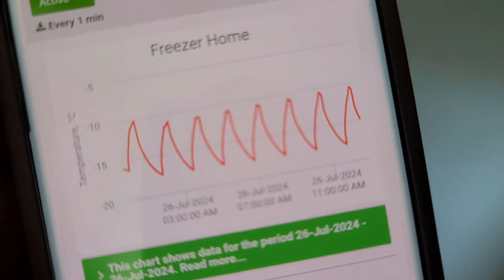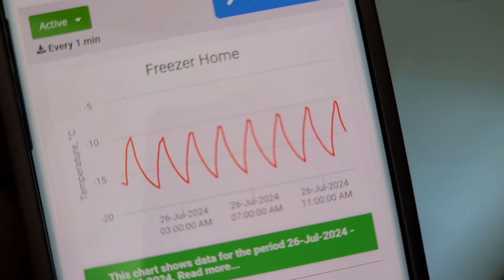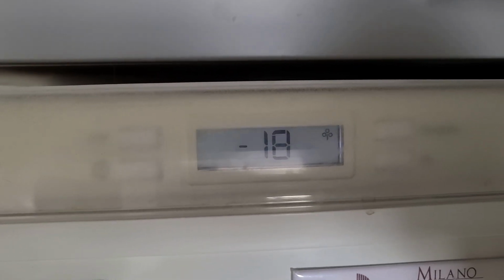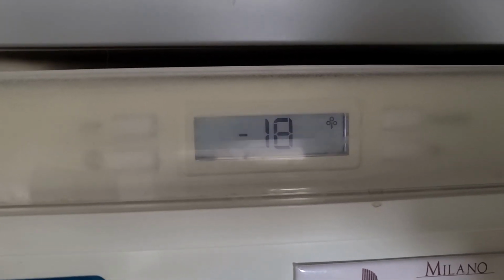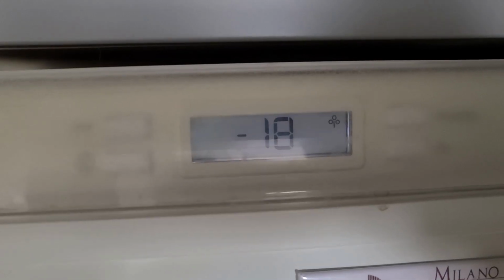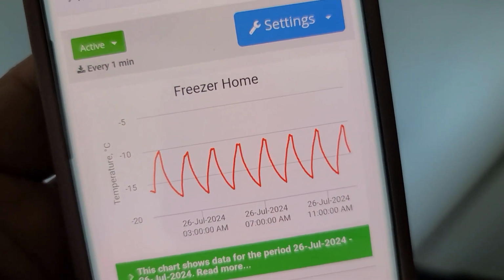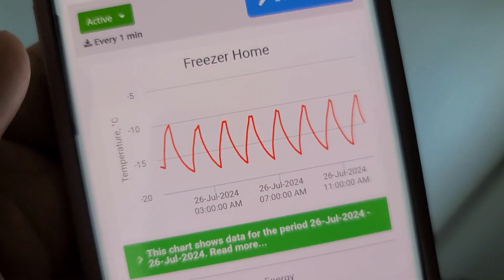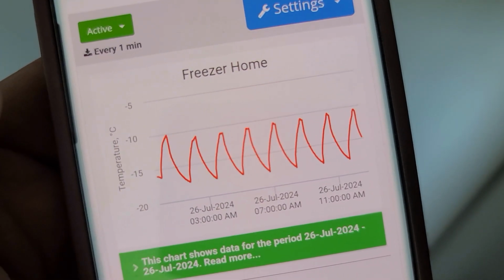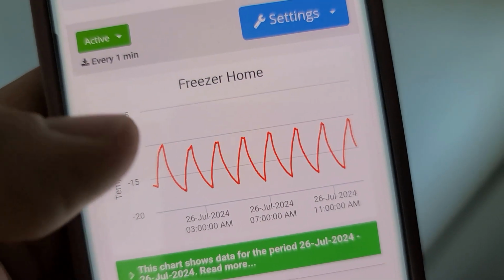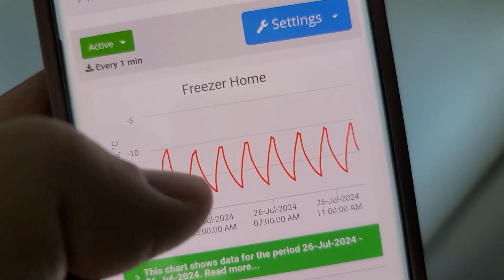So it is set to minus 18. So you can see all the time minus 18, when the compressor stopped or when the compressor started, doesn't matter. Always minus 18 here. However, that is the true temperature inside. As you can see, minus 18 is when the compressor works at the bottom.